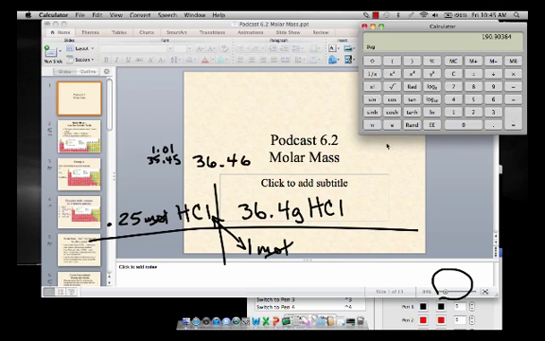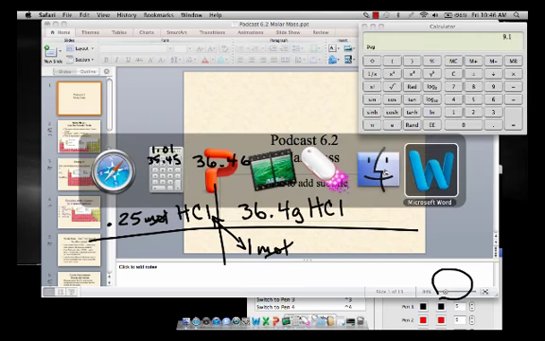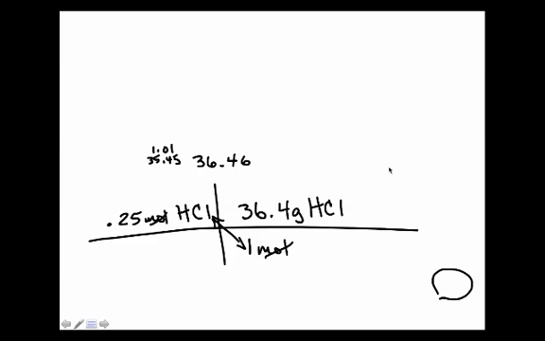Yep, I did it wrong. Clear. Okay, 0.25 times 36.4, 9.1. Hey, that's more like it. I don't know what I did the first time. 9.1. There we go. 9.1 grams of HCl.